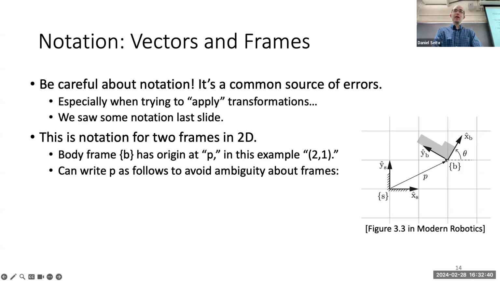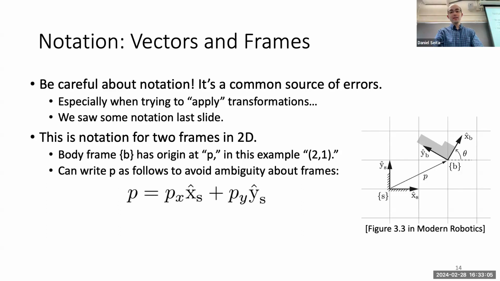This might be the origin of where it is, and the origin might be expressed with P. But when you write P, you can write things like P equals 2, 1, right? But where is the origin of P? What is P representing? Is P with respect to a space frame or the body frame? How do you handle it?